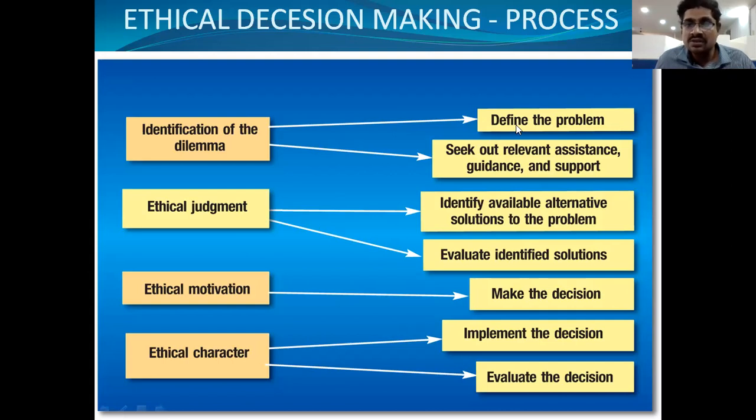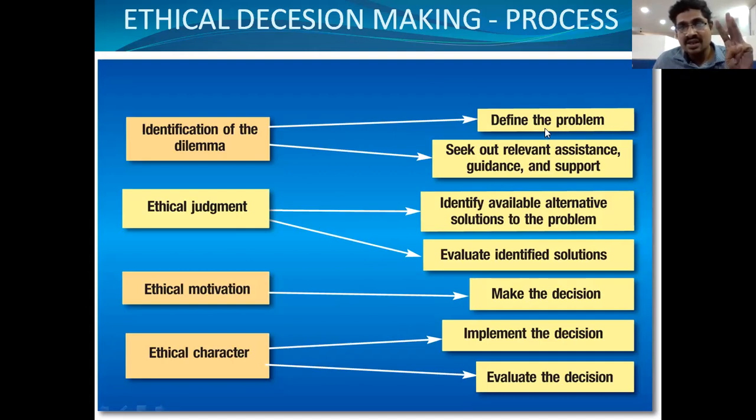First, coming to define the problem. Already I told you. Here we need to consider three things. First, what is the major problem? Just understand the problem. The second thing is where we get this problem, which department the problem occurred in.